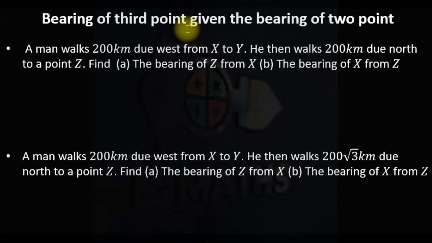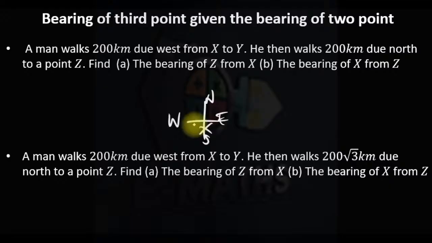We are now given 3 points, and we are given the bearing of 2 points, and we are asked to find the bearing of the third point relative to any of the points given. They say the man walks 200 kilometers due west from X to Y. So this is north, south, east, west.